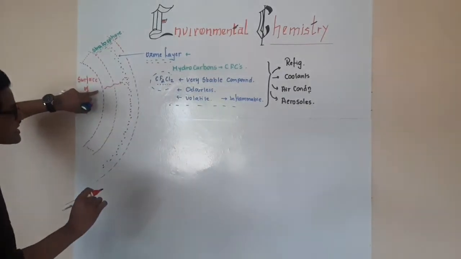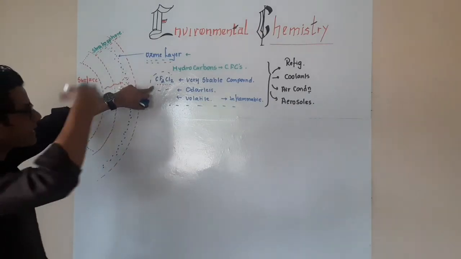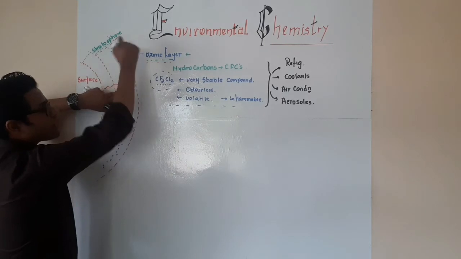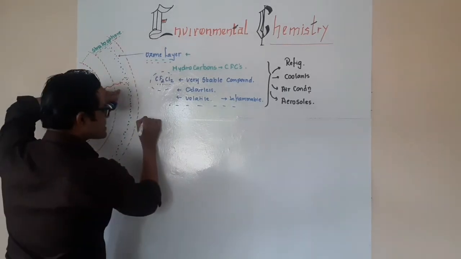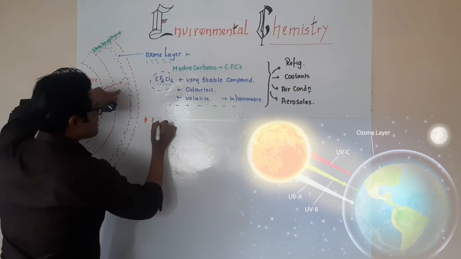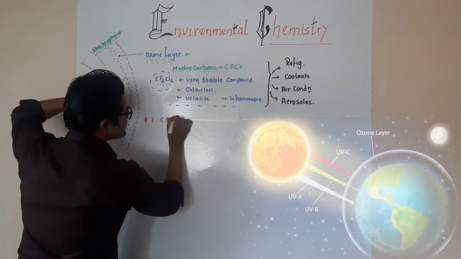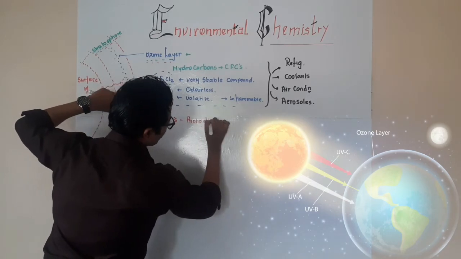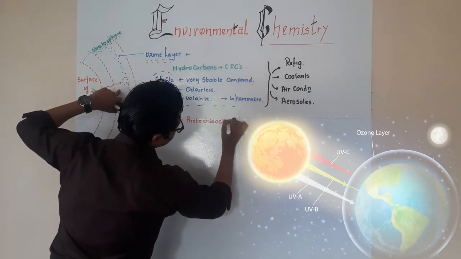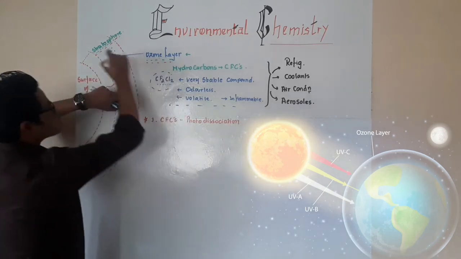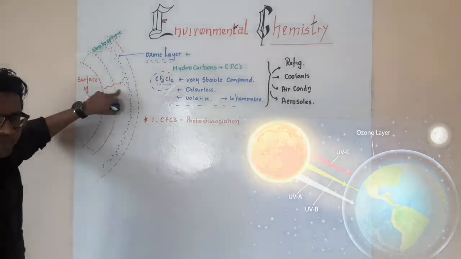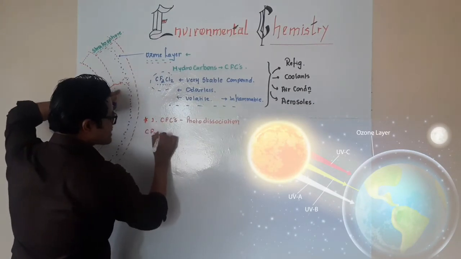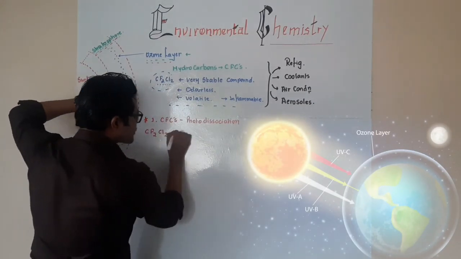Now, as these CFCs get released into the atmosphere, once they come to the stratospheric region, at the first point itself, these CFCs undergo photodissociation. In order to understand that, let's take this particular formula, that is CF2Cl2.